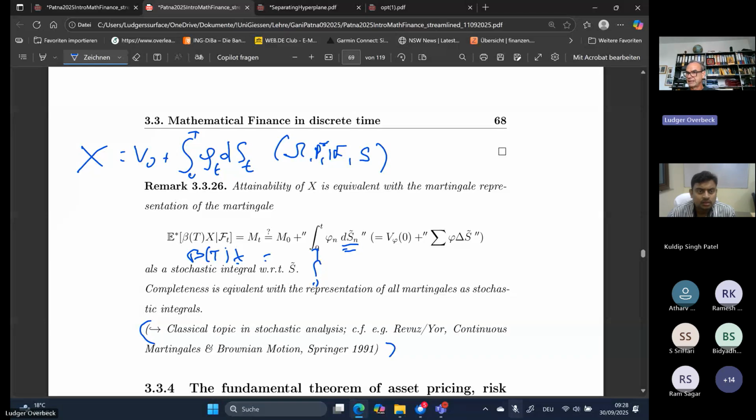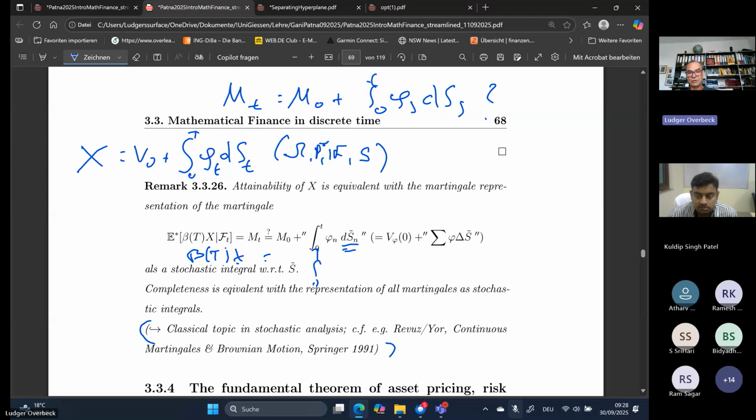Now I'll put it like this: each martingale, call this M_t, is a function of t as M_0 plus integral from 0 to t of phi_s dS_s. Let's say we have P star equal to P and S tilde equal to S.